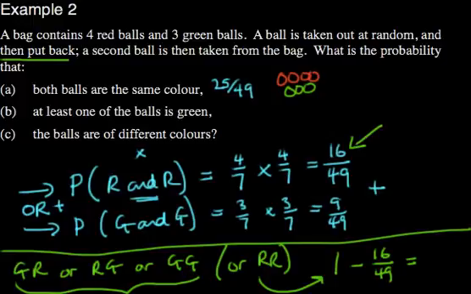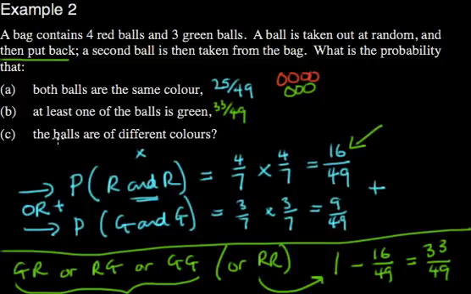And that's quite a nice trick. 1 is the same as 49 out of 49. So 49 minus 16 is 33. I would have got this 33 out of 49 if I'd have worked out each one of these and added them together. But it is simpler to do this. So the answer to part B is 33 out of 49.